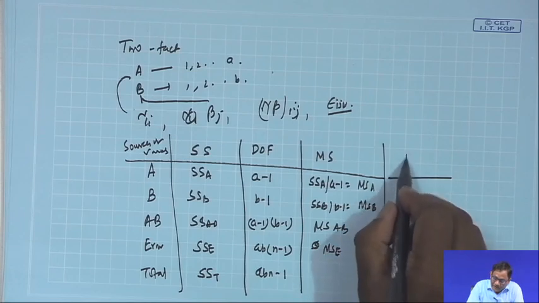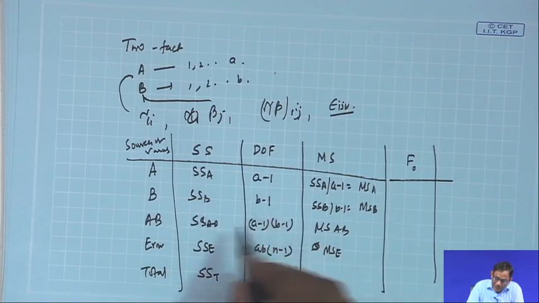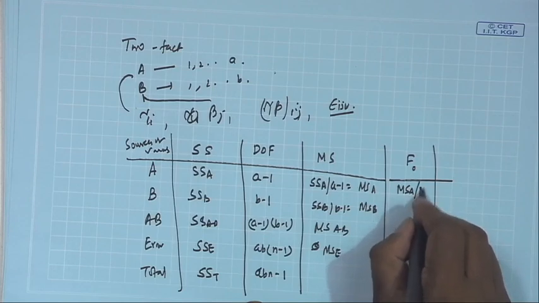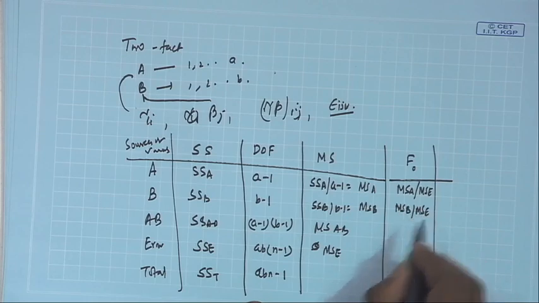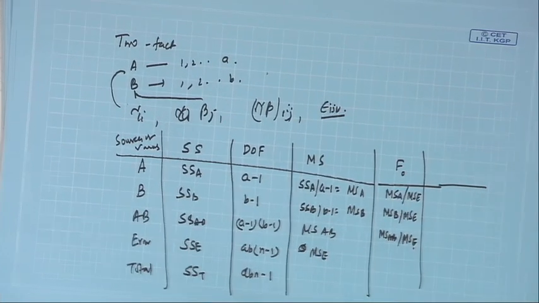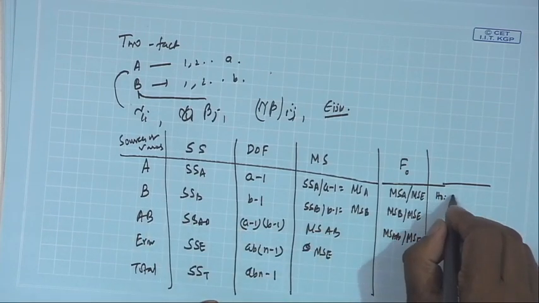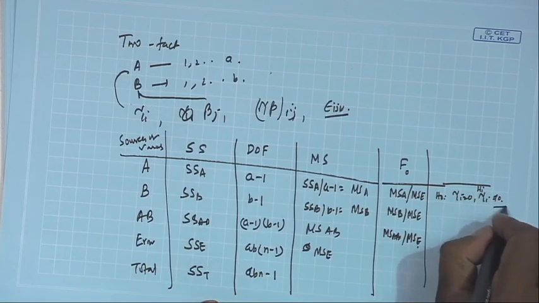Then you create the F statistic, F0. When the hypothesis is true, for treatment A it is MSA by MSE, for treatment B it is MSB by MSE, for treatment AB it is MSAB by MSE. And you are testing hypotheses like this: H0 tau i equal to 0 versus H1 tau i not equal to 0 for at least one i.